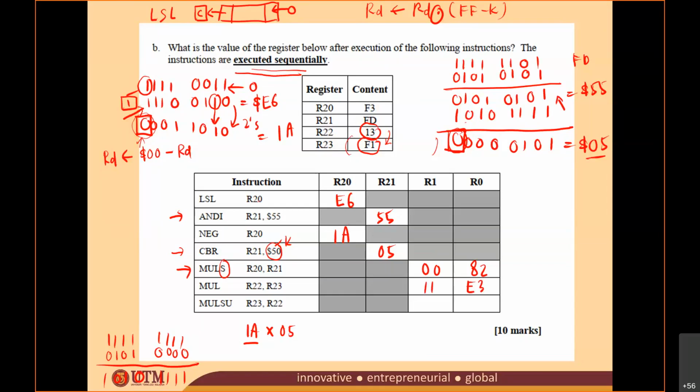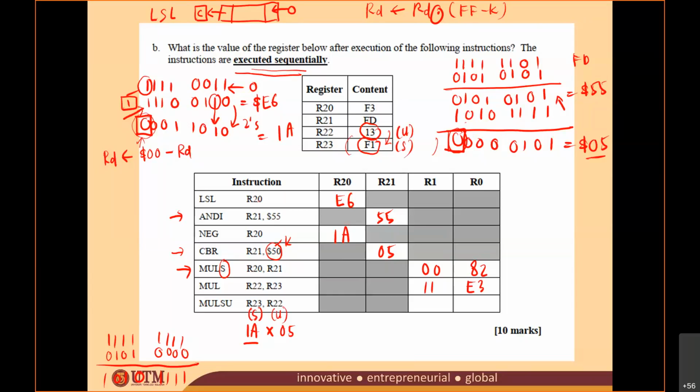Okay, the last one. Okay, MULSU. So R23 is your signed number, while R22 is your unsigned number. Okay, so by looking at this, this is unsigned, this is signed. If you see here, R23, this is F1.